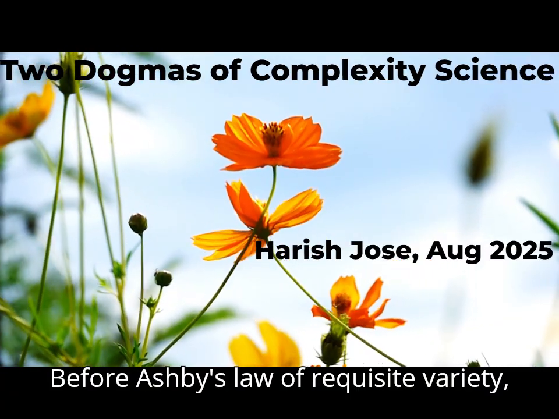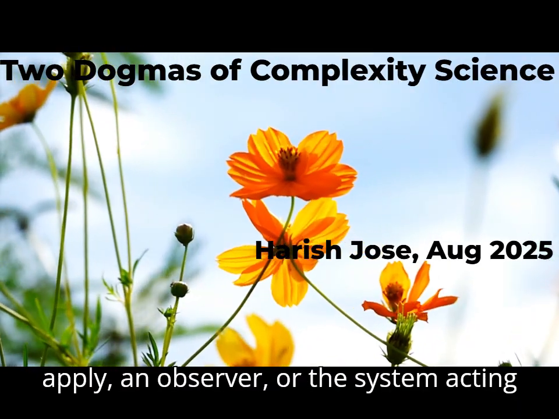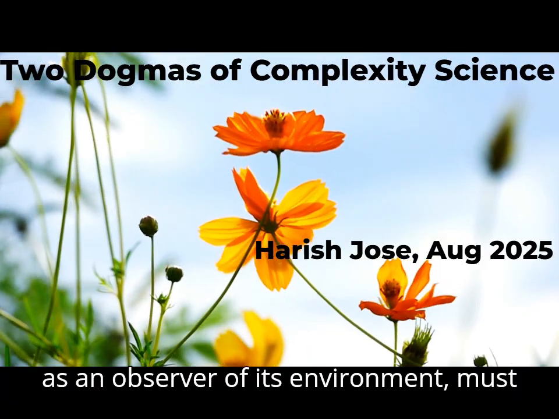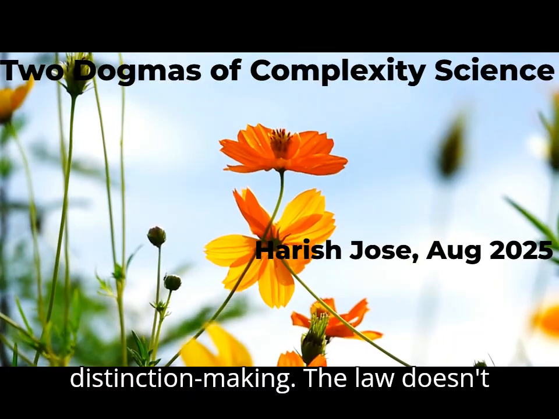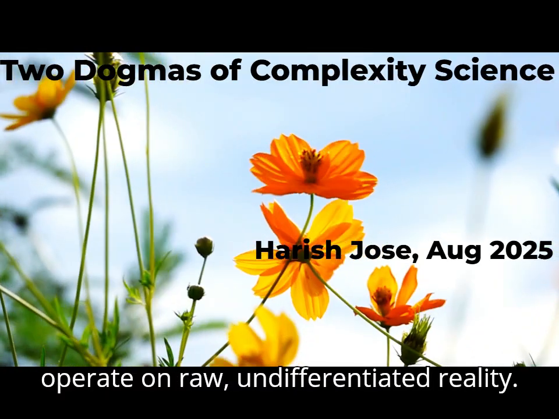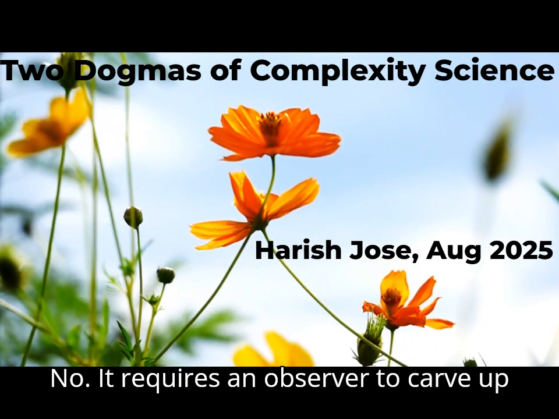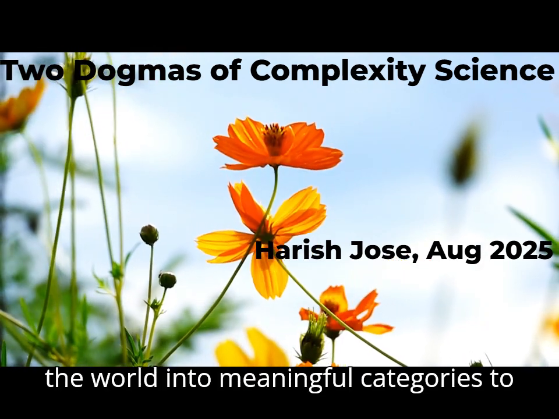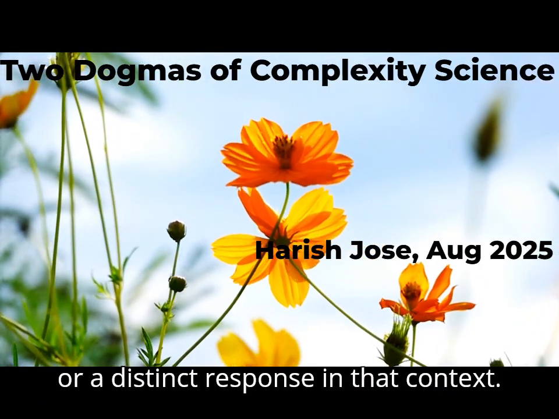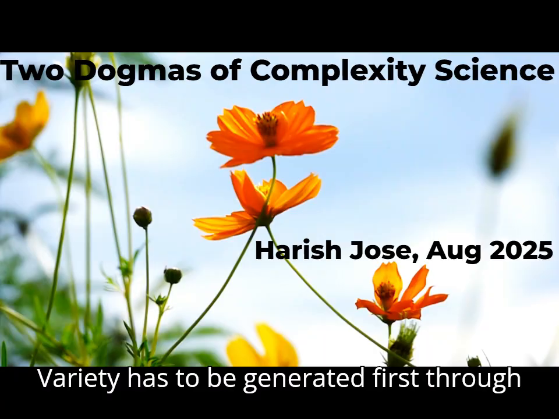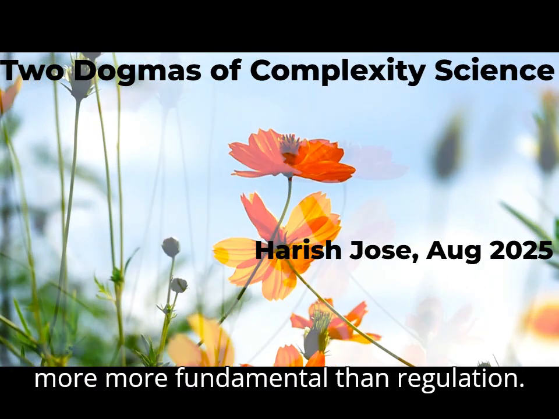Before Ashby's law of requisite variety, only variety absorbs variety, can even apply, an observer, or the system acting as an observer of its environment, must first create variety through the act of distinction-making. The law doesn't operate on raw, undifferentiated reality. No. It requires an observer to carve up the world into meaningful categories, to decide what counts as a distinct stimulus or a distinct response in that context. Variety has to be generated first, through distinctions. So distinction-making is more fundamental than regulation.